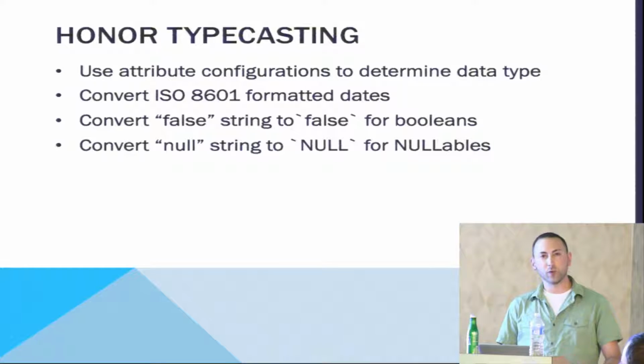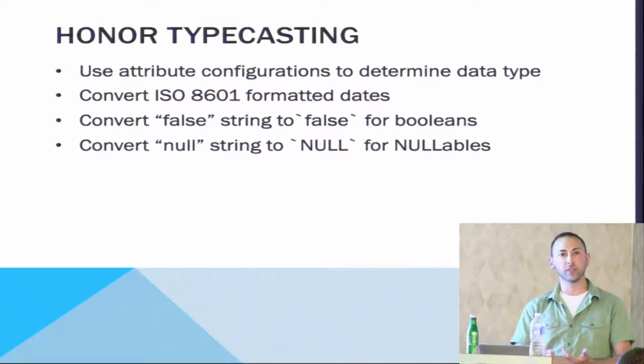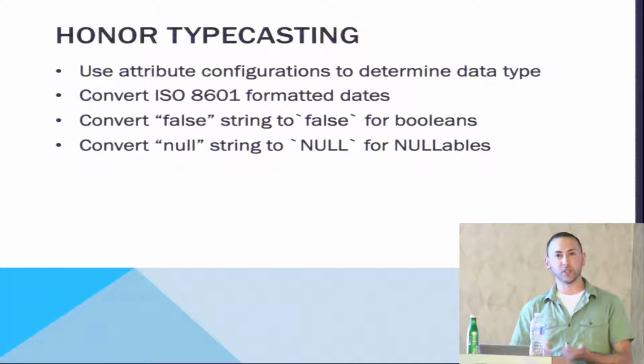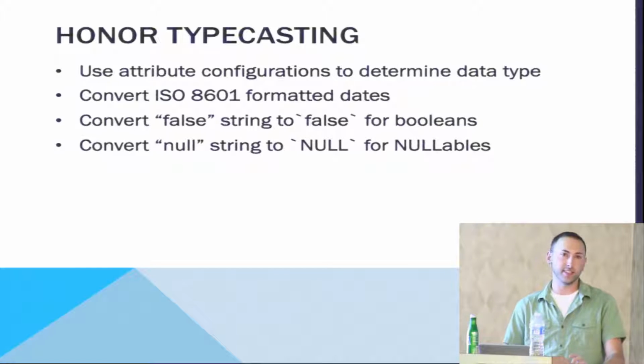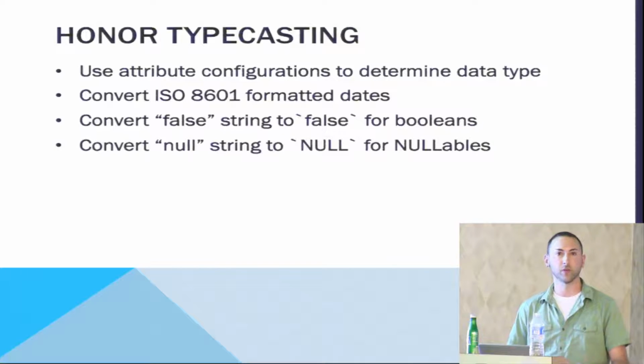So that's kind of important because a lot of times you have JavaScript apps that are communicating with your API, and they're talking to attributes that are booleans or nulls or that sort of thing, and they're actually passing you formats that don't match, but you know what they mean. They're passing you strings with null or false, and you need to be able to support that. It's easy to say, we're just not going to support that. You need to do the right thing, but in reality, if you're not flexible, clients don't want to work with you.